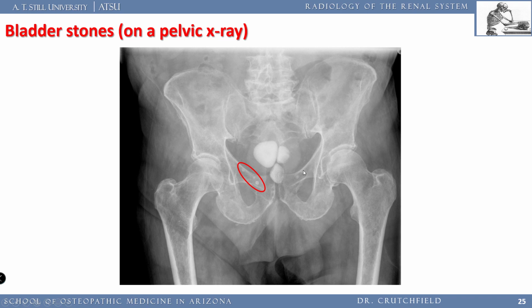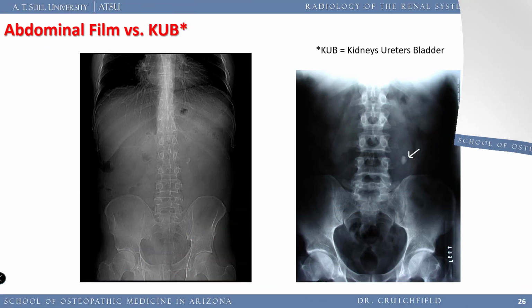The point is these little tiny ones are not in the bladder. It's these big ones here that are the bladder stones. Somebody comes in with these, we've got to get them out because they're a source of infection. They act as a nidus for infection. Anyways, if you see those, we've got to get them out.